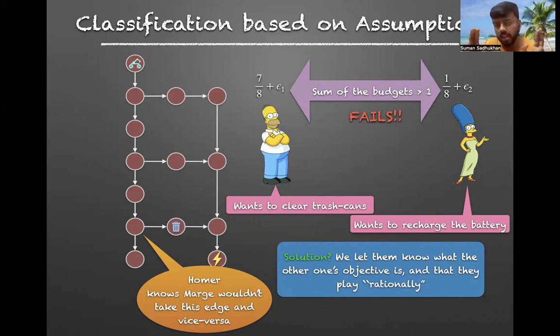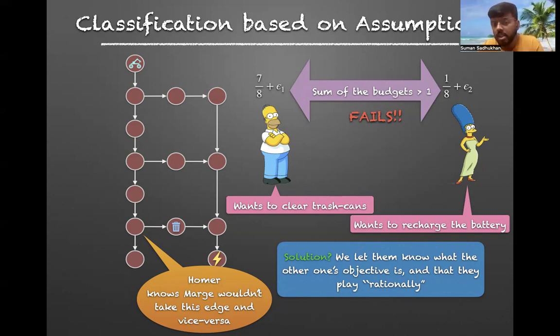So the assumption is that we are letting them know that you can't play blindly. I am letting Homer know that this is Marge's objective. Marge wants to visit this vertex. And we are also letting Marge know that this is Homer's objective.